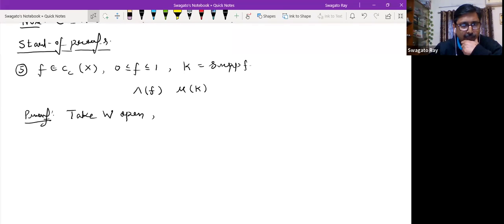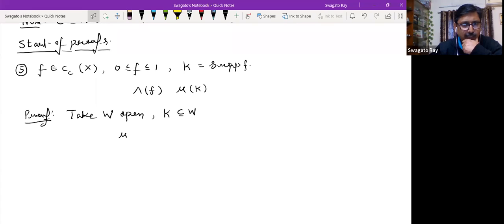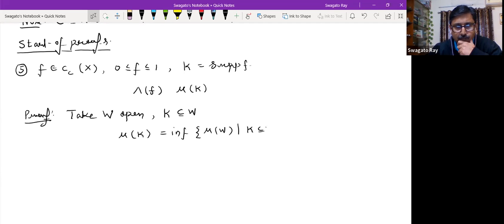So take any W open, K is a subset of W. So the definition of μK is simply the infimum of μW such that W is open. There is actually nothing special about K. This is how the measure of any set was defined. Agreed?